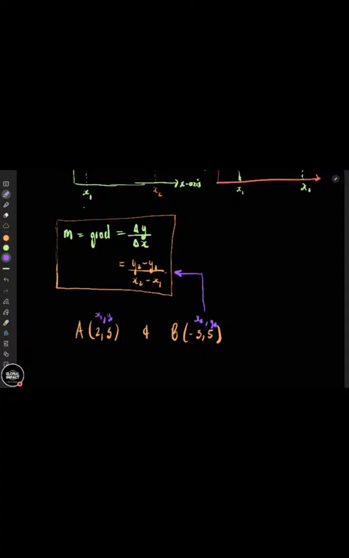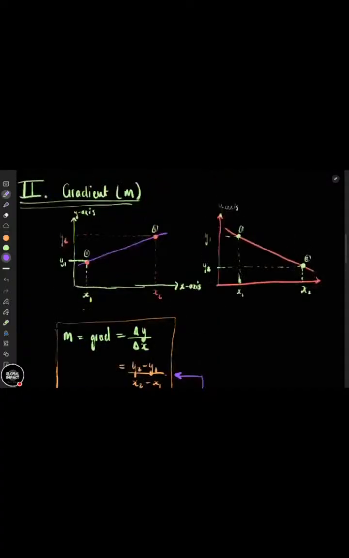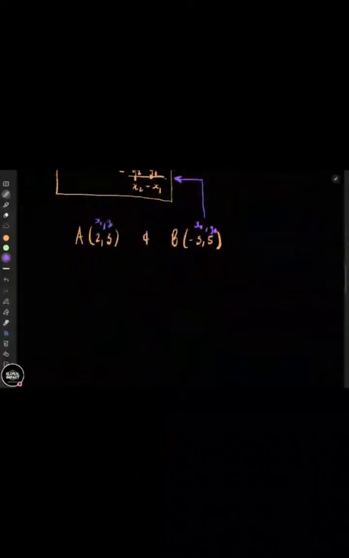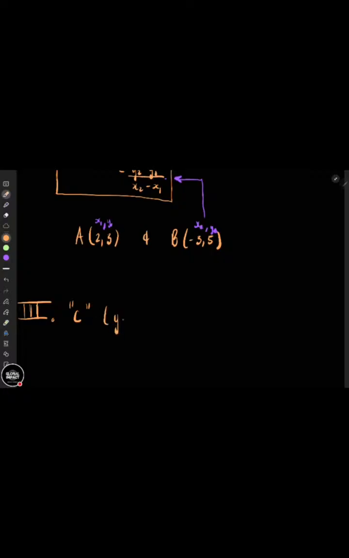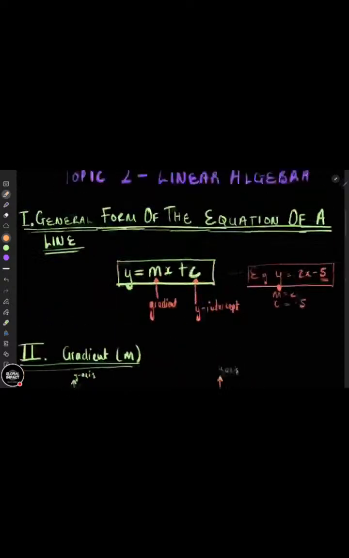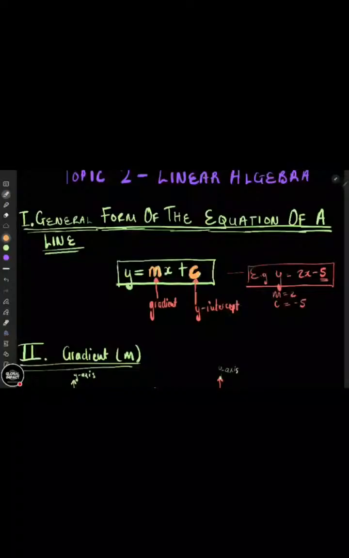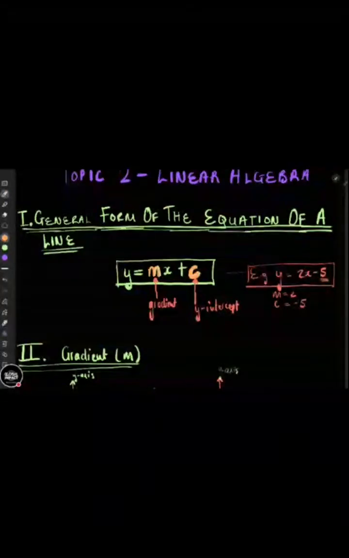Now we move on. This is going to be the second thing. Remember, we have 6 points that we're going to cover for us to say we are done with this chapter. What is the third point? The third point is, how do you find C, which is the y-intercept. Remember, we only need M and we only need C to get the equation of any line.